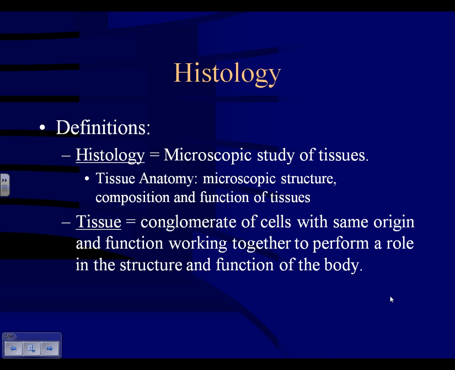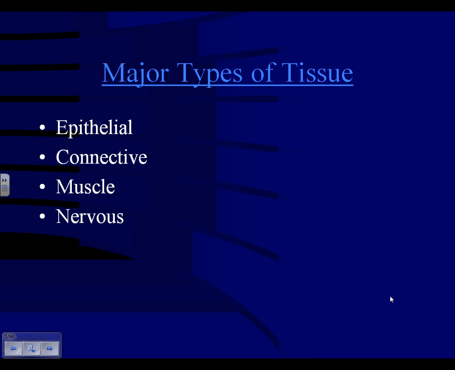A tissue is a conglomerate of cells working together to achieve some function, and a bunch of tissues together aimed at one goal is referred to as an organ. The major types of tissue are epithelial, connective, muscle, and nervous. This is helpful as a cytologist because we're generally trying to put things into a general category.